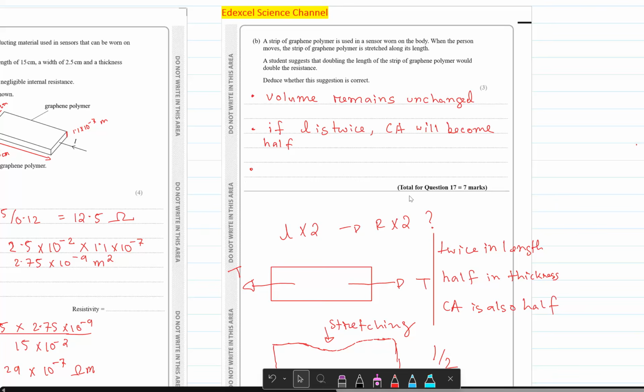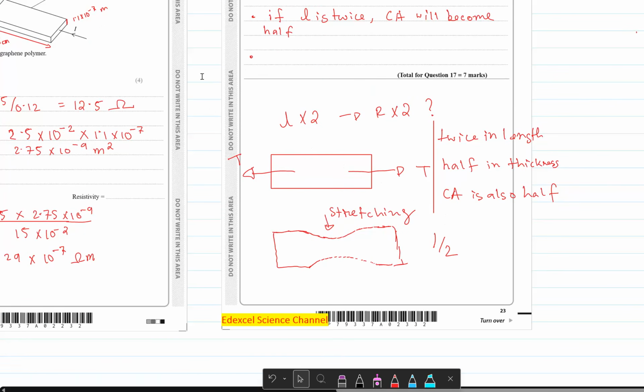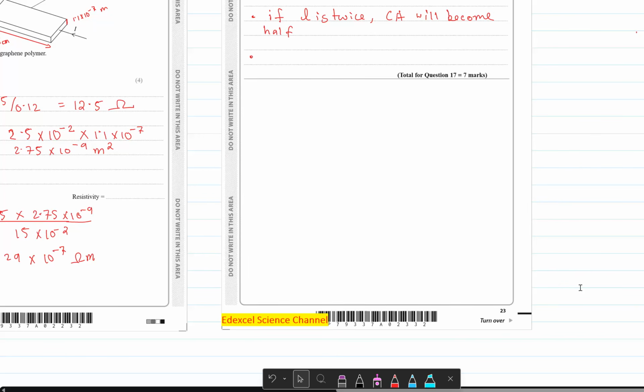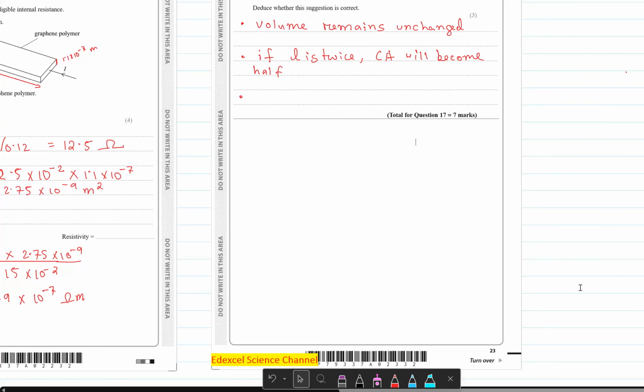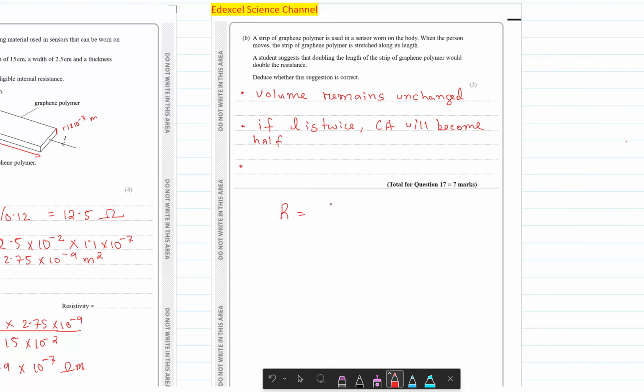Okay, so let me erase all this. So let's do some small algebra, okay? So our initial resistance, let's say in this part, is basically resistivity times length divided by cross-sectional area.